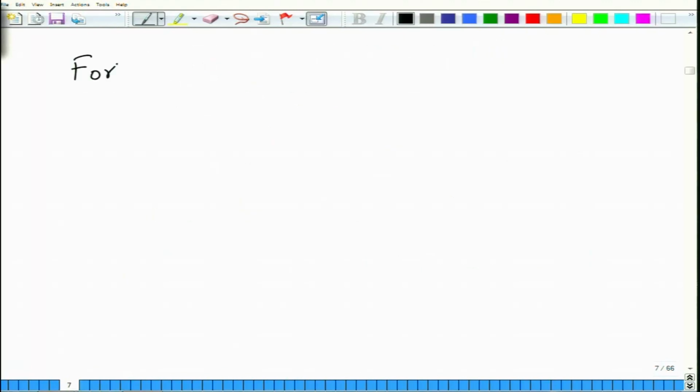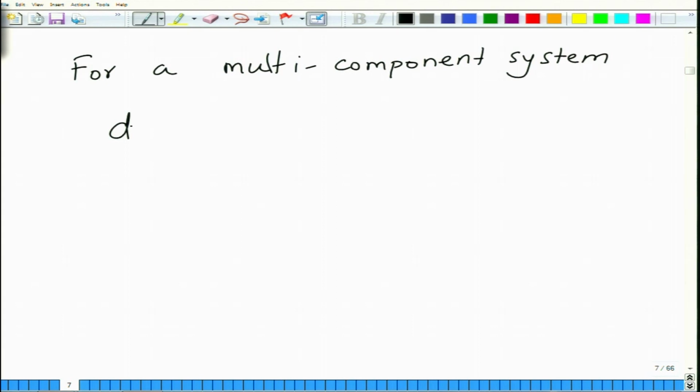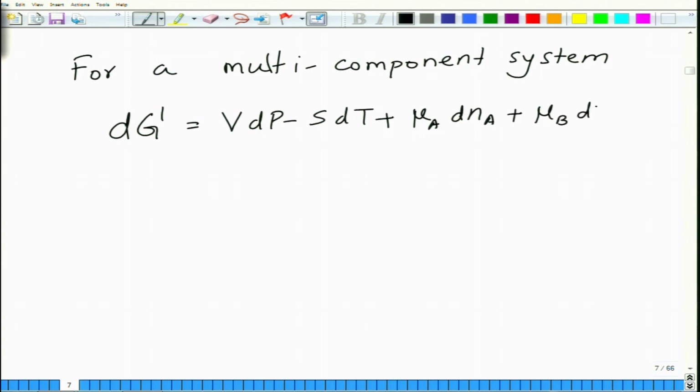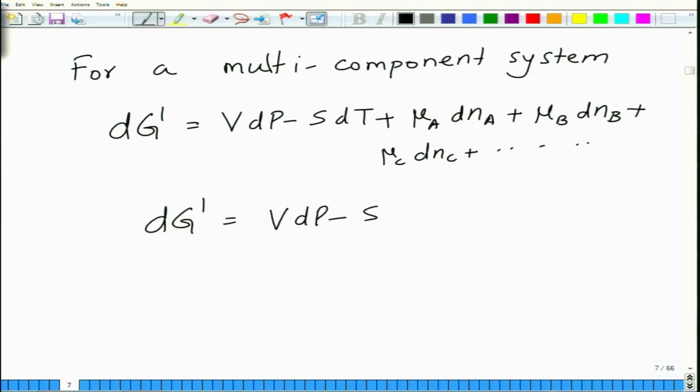So for a multi-component system, this dG prime will be equal to V dP minus S dT plus mu A dNA plus mu B dNB plus mu C dNC and so on and so forth, or in a general form you can write this as V dP minus S dT plus sigma over i of mu i dNi.